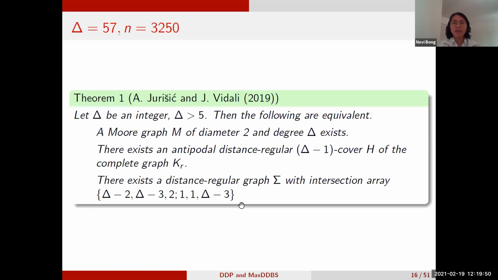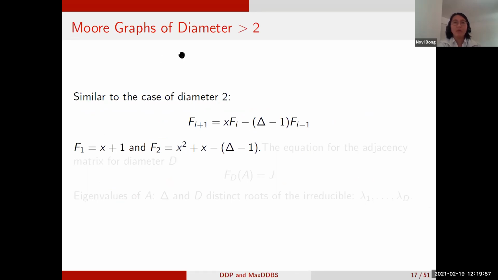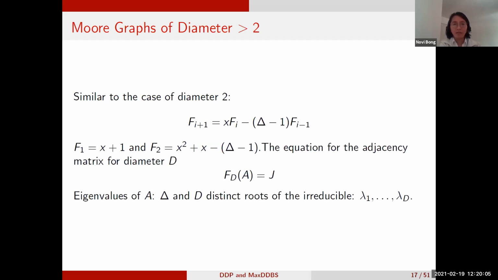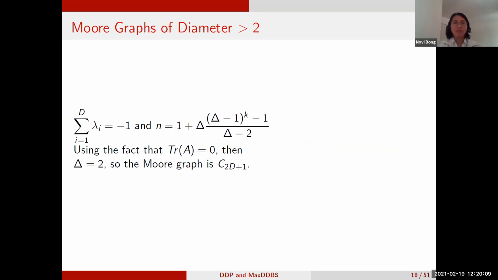Okay, so that's all about the Moore graph of diameter 2 that we know. And then what if we increase the diameter to be more than 2? A similar technique is used, and we use the eigenvalues.